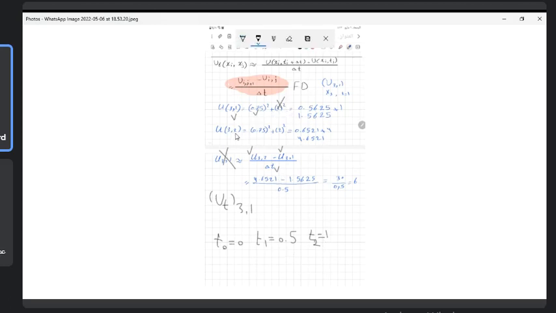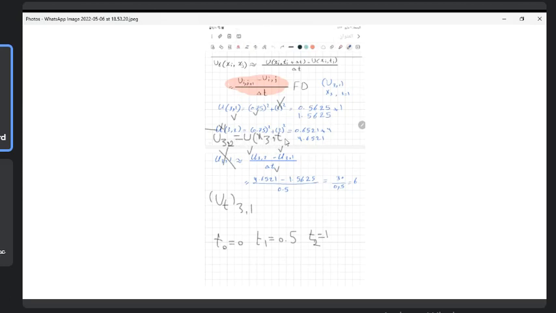U32, please, it's better you don't write U over 3 and 2. You should write U with index 3 and 2, equal to U of x3 and t2.